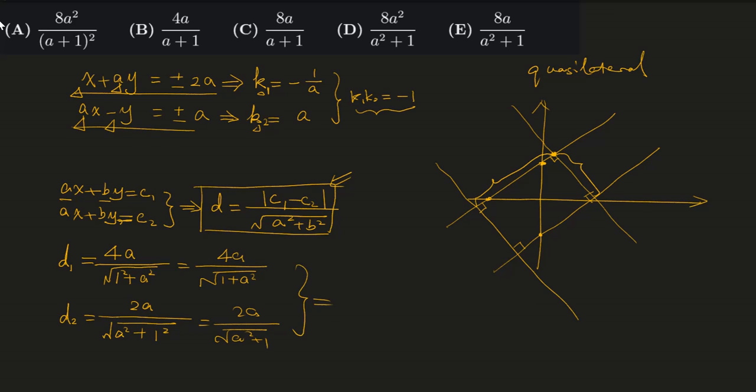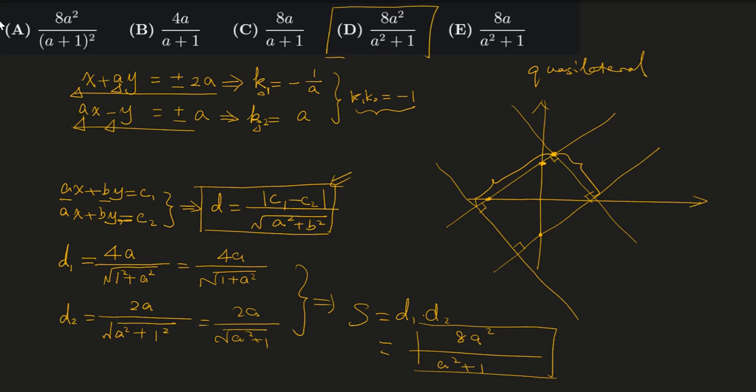Therefore, our area is just d1 times d2. That is the formula for a rectangle's area, which equals 8a squared over a squared plus 1. So this is our answer. Then let's check the 5 choices. So D is our choice.